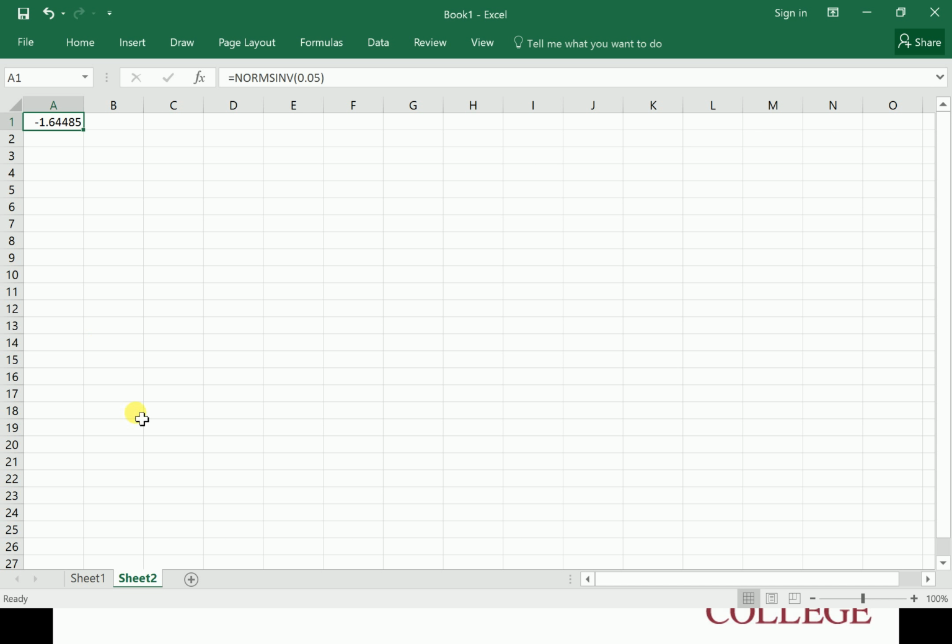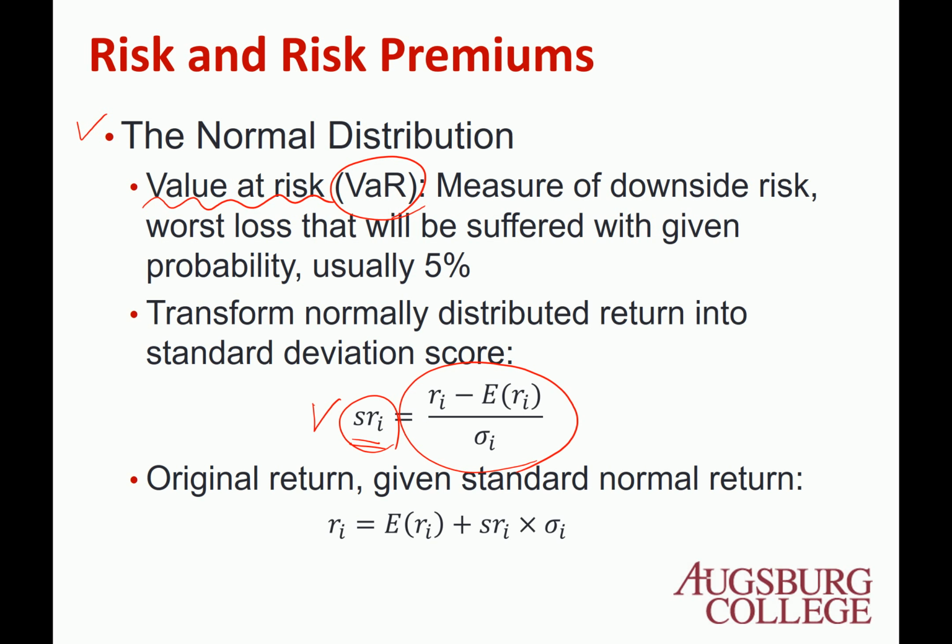This is the standard deviation score of this point. So in fact, value at risk equals your expected return minus 1.64485 times standard deviation.